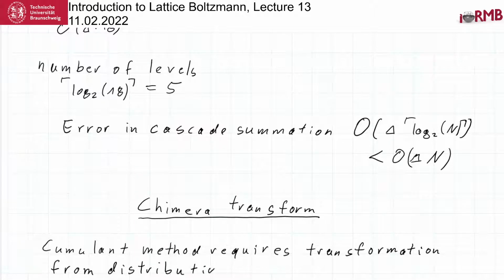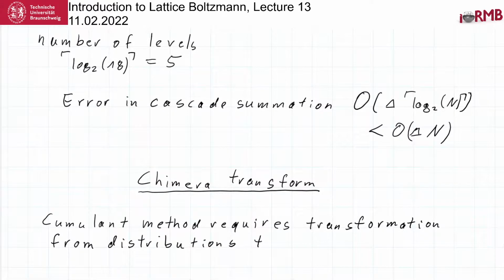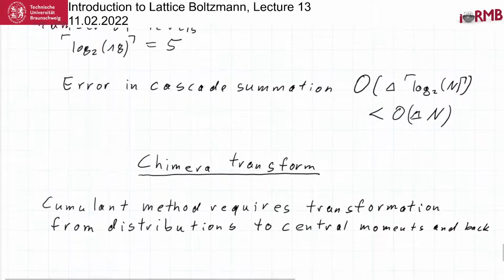And this means we have to do 27 such sums. And also we have to do the back transformation. Okay, so there's a lot of work.